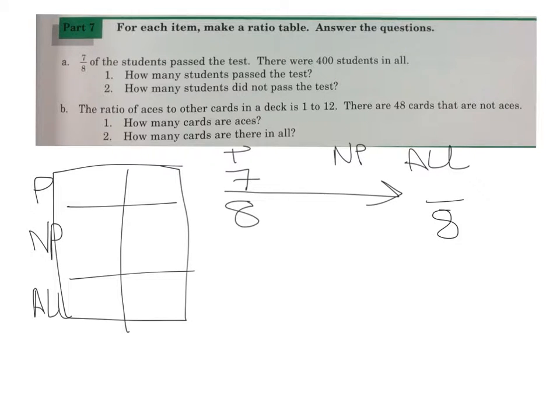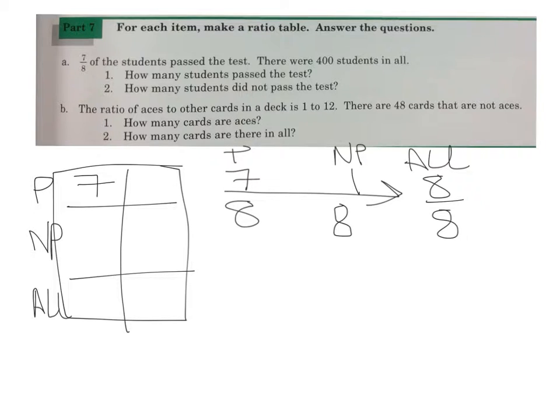And in order for it to be equivalent to 1, that means that my top number and my bottom number have to match. So in order to figure out how many kids did not pass, I still have the same denominator, because in a fraction number family, all of the bottom numbers have to match. And then I just solve straight across tops. 8, 7, 1.